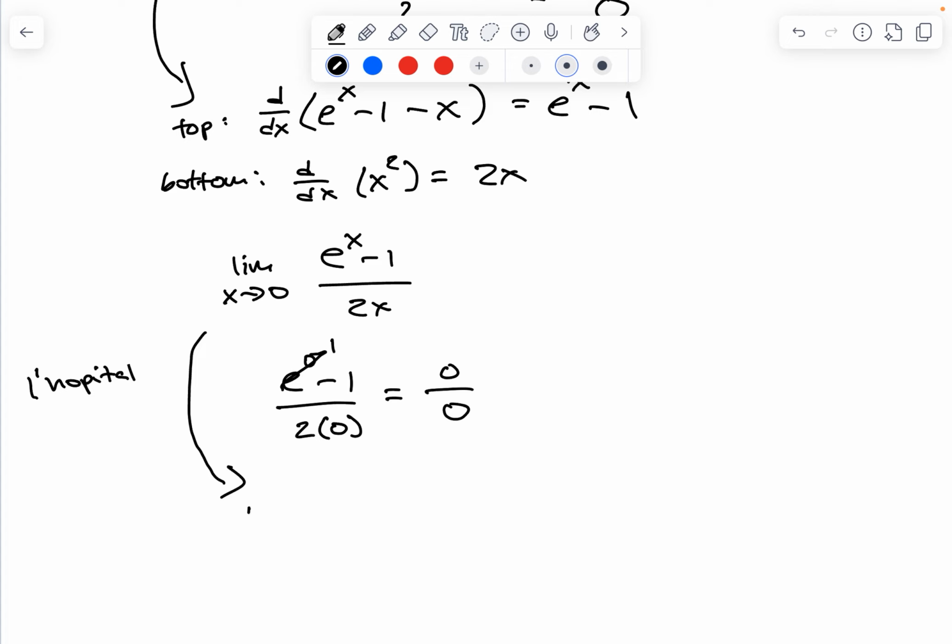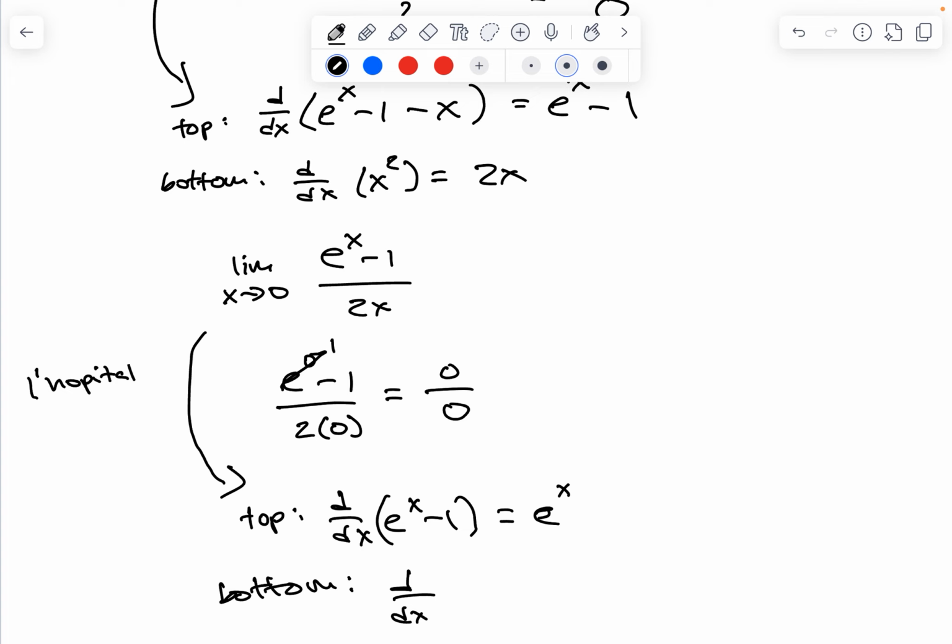So let's take the derivative of the top. So derivative of e to the x minus 1. The derivative of e to the x is just e to the x. Derivative of 1 is 0. Then we have bottom, derivative of 2x is just equal to 2.